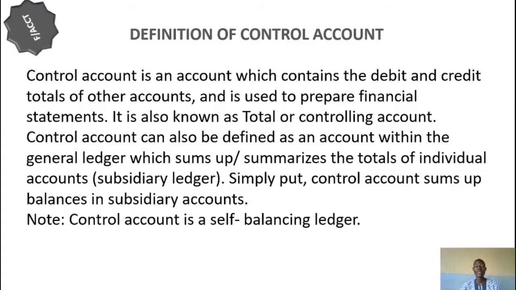We listed the sales day book, purchases day book, sales returns book, purchases returns book, cash book, as well as the general journal or principal journal. Note, control account is a self-balancing ledger.